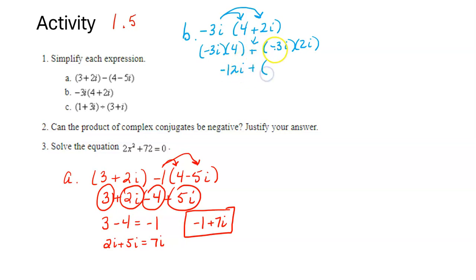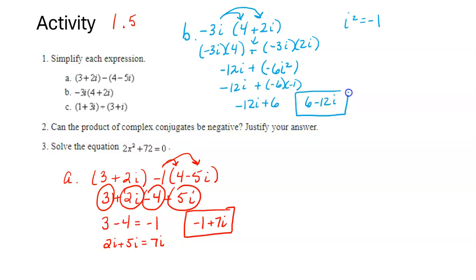Plus, and then I have -3 times +2 is -6. i times i is i squared. We know that i squared is equal to -1. So this would be -12i plus -6 times -1, which is -12i plus 6, or 6 minus 12i. Either one works for me.